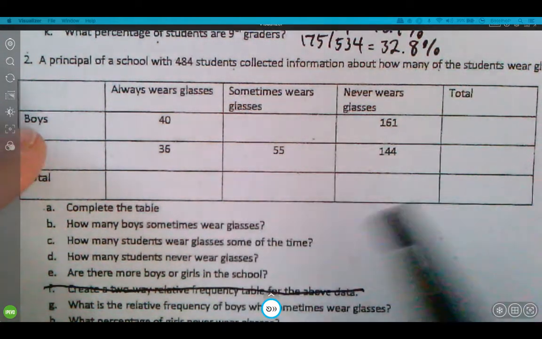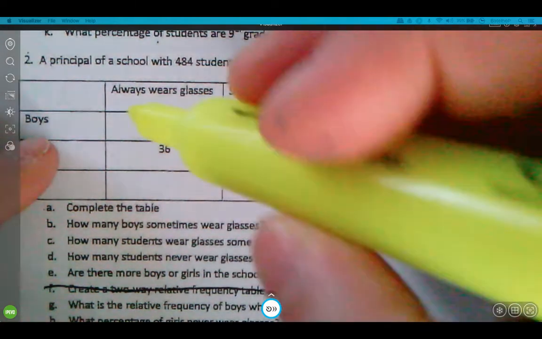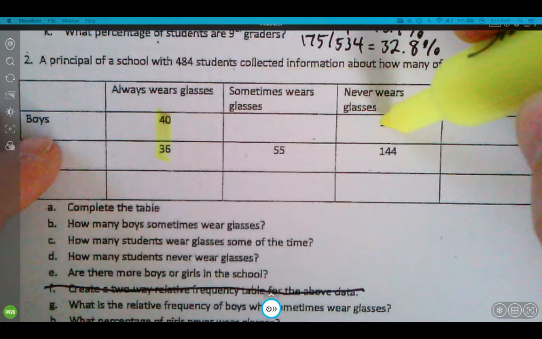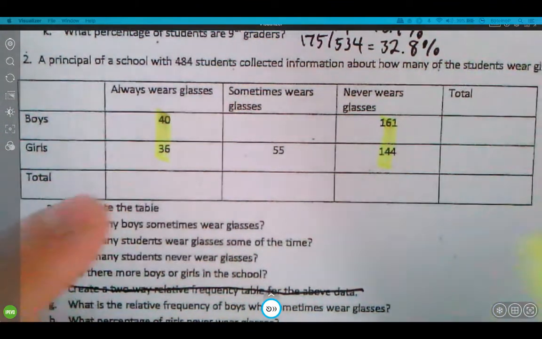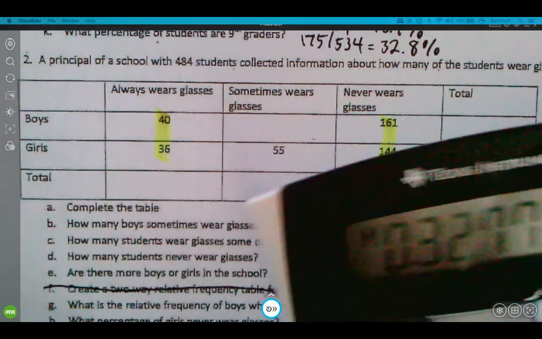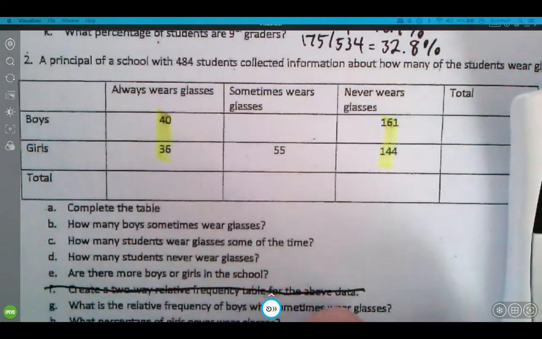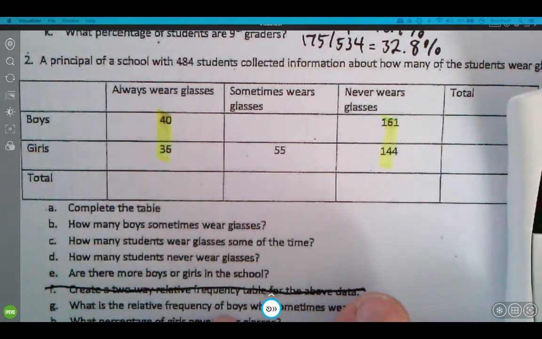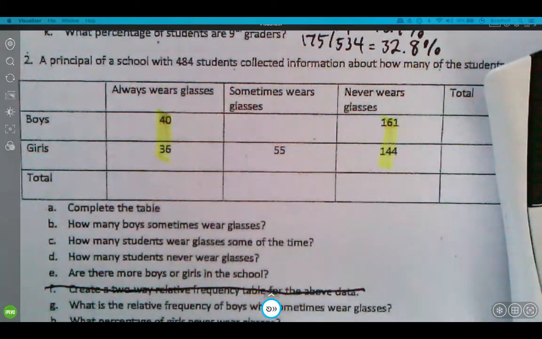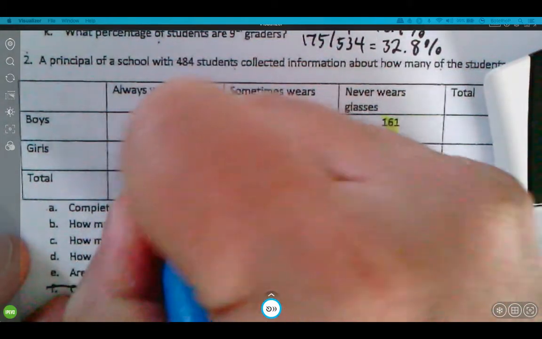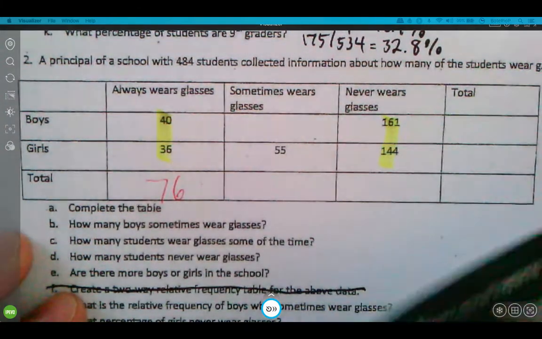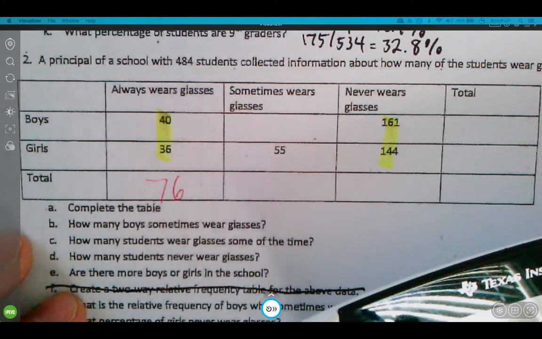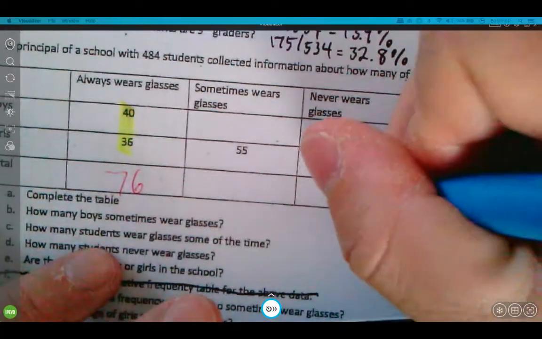If you look, you can use what they give you to figure out different parts. The first thing I see, there are so many different ways to look at this. I see these numbers, and these numbers can add up to be these numbers. So I'm going to do 40 plus 36, put it in red here, 76. And then 161 plus 144 is 305.